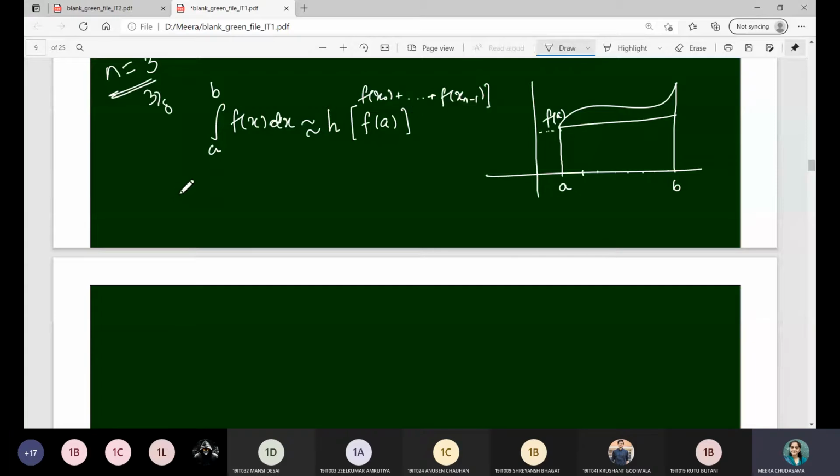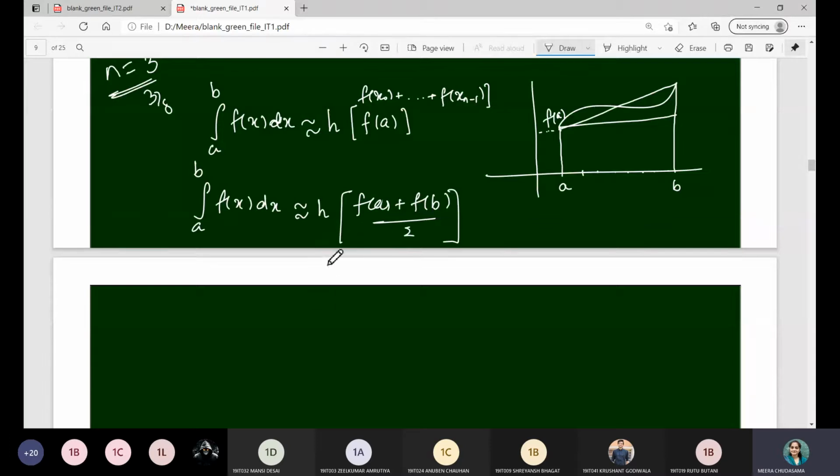Then we have approximated this with the trapezoid as well. In that case, the given integral will be approximated as h and corresponding function value f of a, f of b, and its average value, that is by 2.